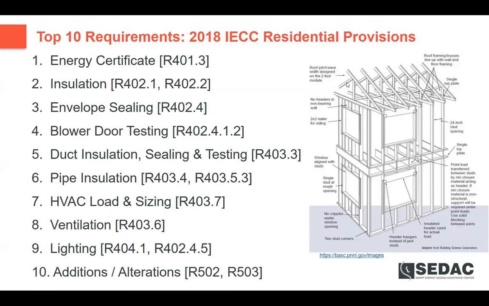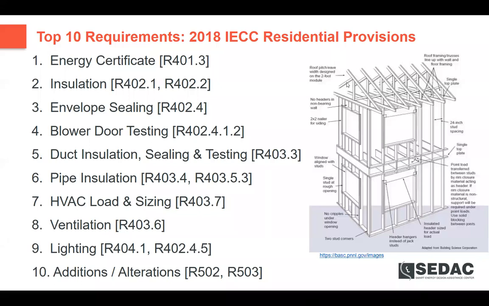Here was a question about duct leakage testing and the difference between 3 cubic feet per minute and 4 cubic feet per minute. There may have been a little bit of confusion here. The question had 3 air changes per hour and 4 air changes per hour. That's not correct for duct testing.